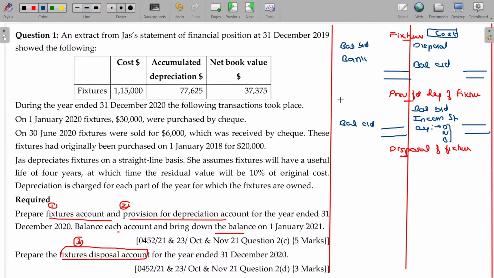I'll write here disposal of fixtures asset. This is nothing but the depreciation of the sold asset since the date of purchase to the date of sale. Clear? These are the values.